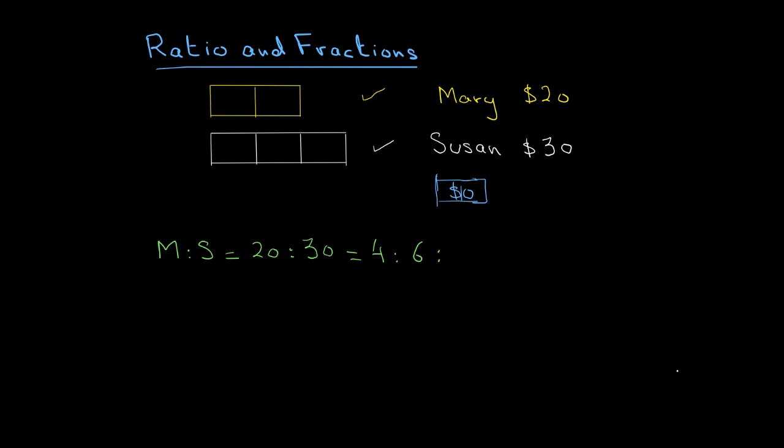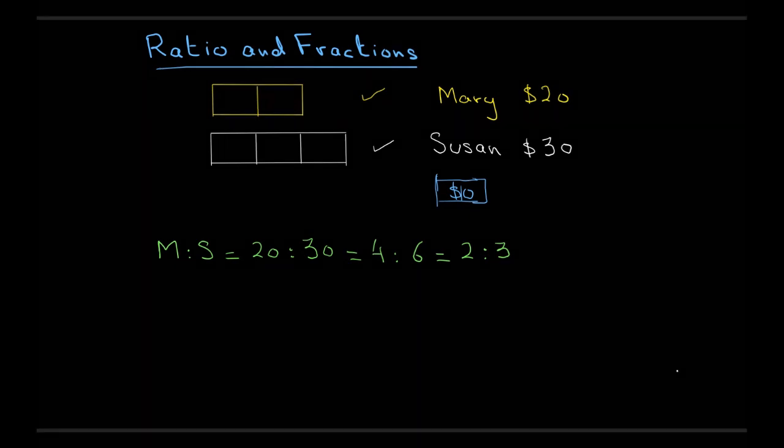And if we use a $10 unit, then this would be equal to 2 is to 3, right? So 4 is to 6 is for a $5 unit, and 2 is to 3 is for a $10 unit, right?